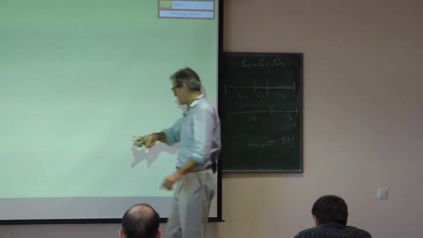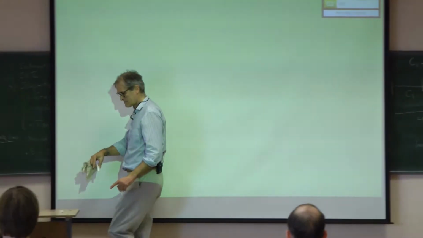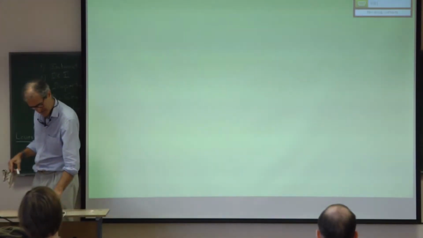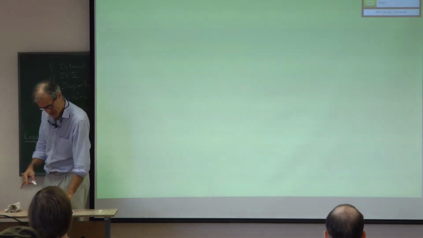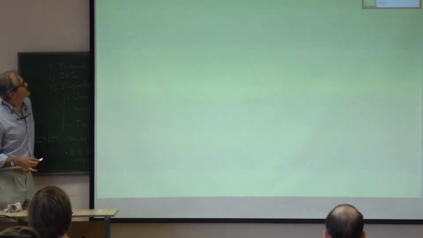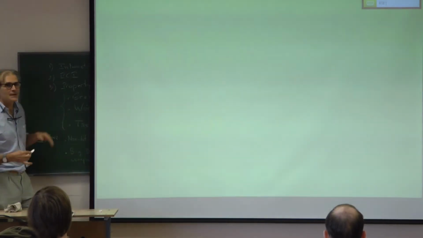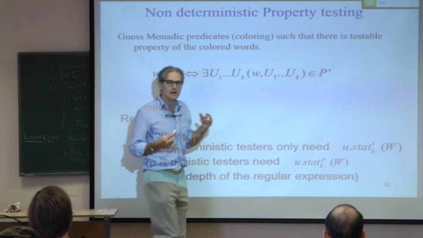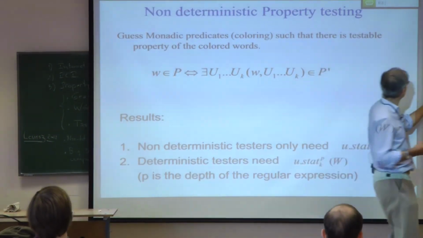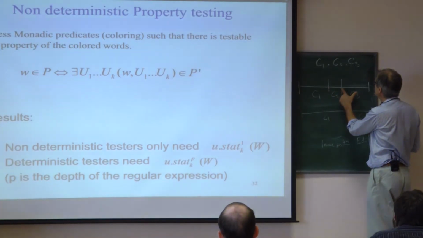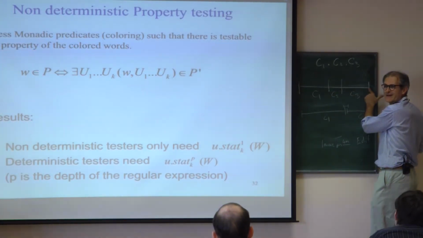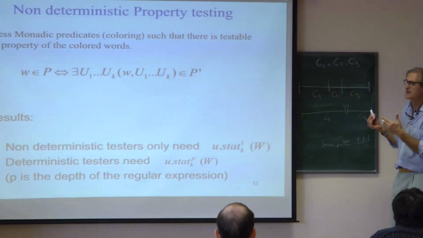All right. So now here comes an interesting notion, which is non-deterministic property testing, which is essentially the idea that you can guess. Imagine you guess this position, you guess this position, you guess that position. Now, how do you guess, technically speaking?